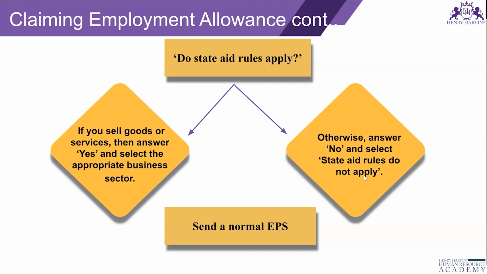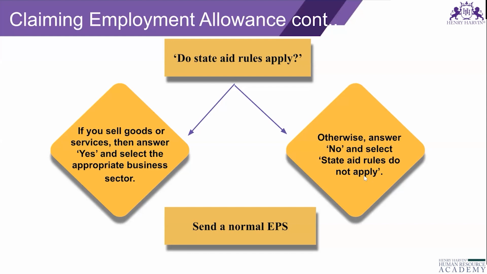Do state aid rules apply? There are different rules. I can show you these rules later. There are some rules applied when you run a special kind of business. Special kind of business means if there are services, or you sell goods, then answer yes and select the appropriate business sector.